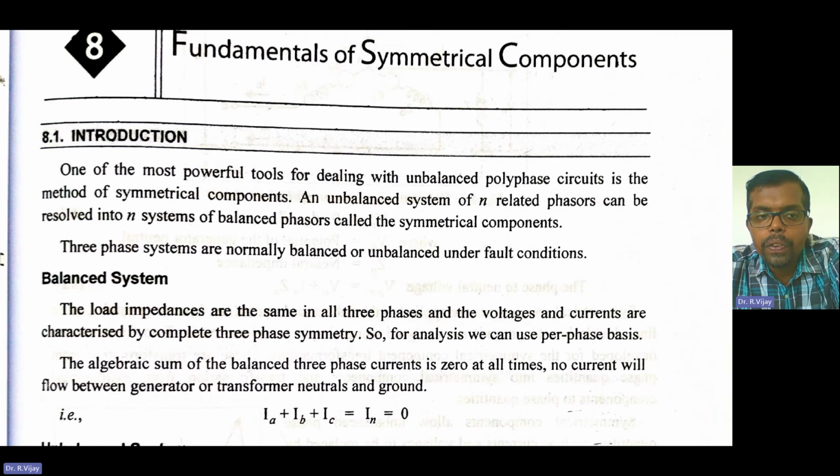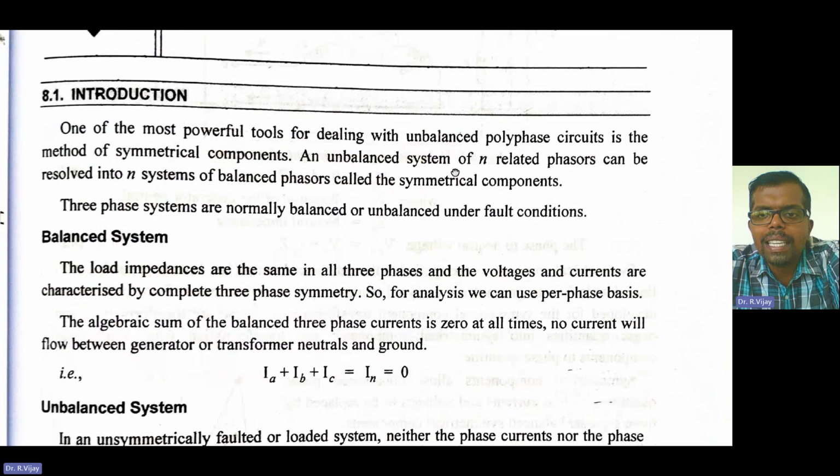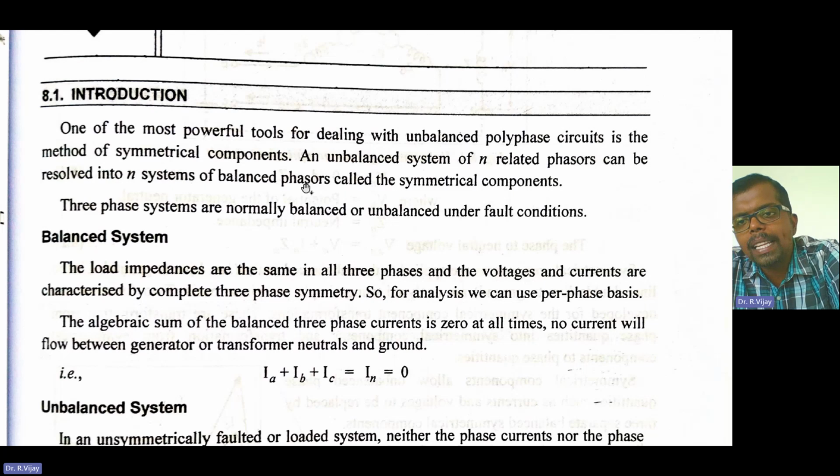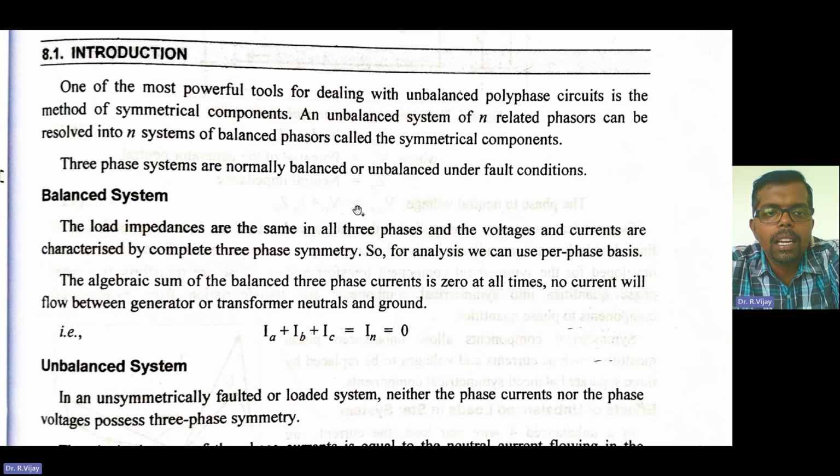If you consider symmetrical components, then the analysis of the short circuit also will be very easy. The unbalanced system of n related phases can be resolved into n systems of balanced phases. So an unbalanced system may be converted to balanced phases, and that is called the symmetrical components.